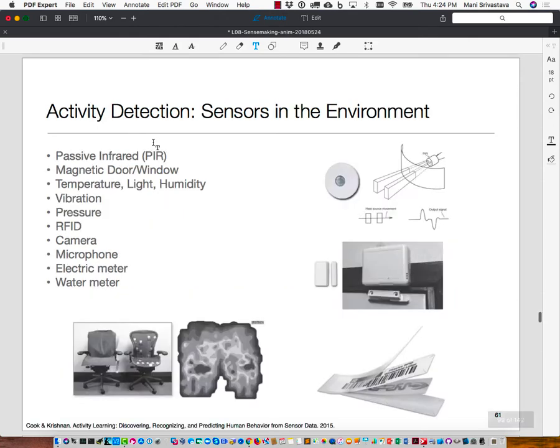Okay, so those are the examples. The final example at present was this work out of Washington State, where these guys were trying to monitor what are called activities of daily living. It's a very common thing that many research groups study, with a variety of uses.